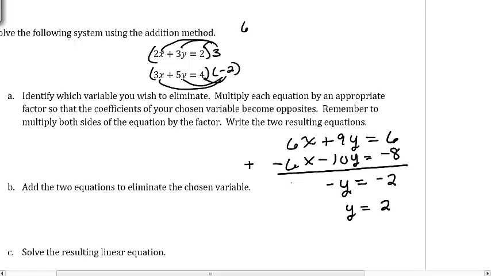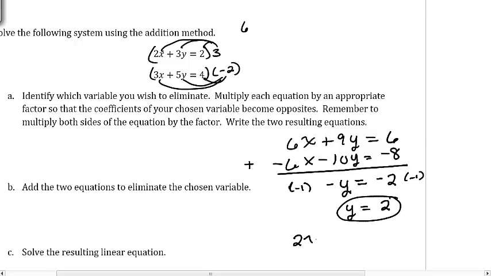You can either think of multiplying both sides by negative 1 or dividing both sides by negative 1, either way. Now that we have y, we're going to substitute what y is into either one of these two equations. It doesn't matter which one you choose. I'm always going to use the first equation in class, but you could use the 3x plus 5y equals 4 equation, and you would get the same result.